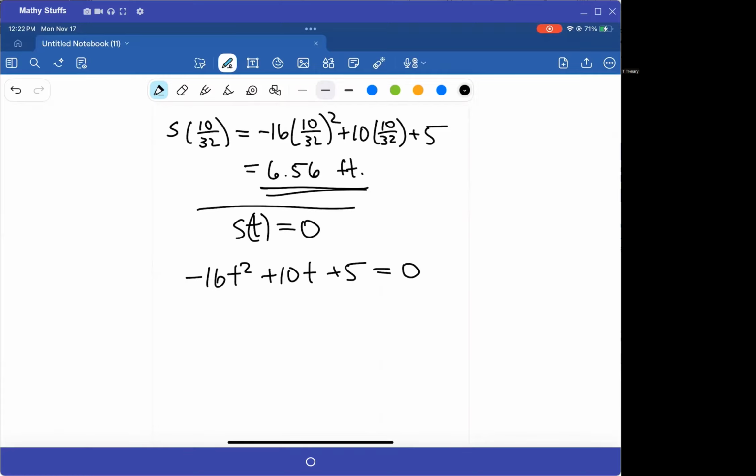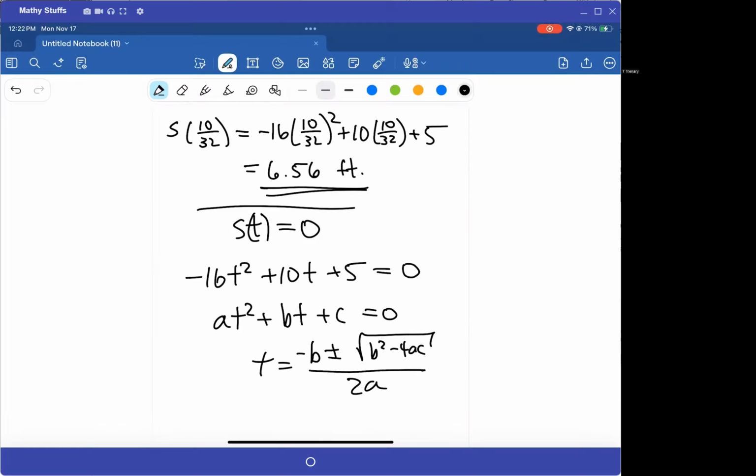And we got some quadratic action here. And I'm going to use the fact that at squared plus bt plus c equals 0 has the solution t equals negative b plus or minus square root b squared minus 4ac over 2a. And that's the quadratic formula.